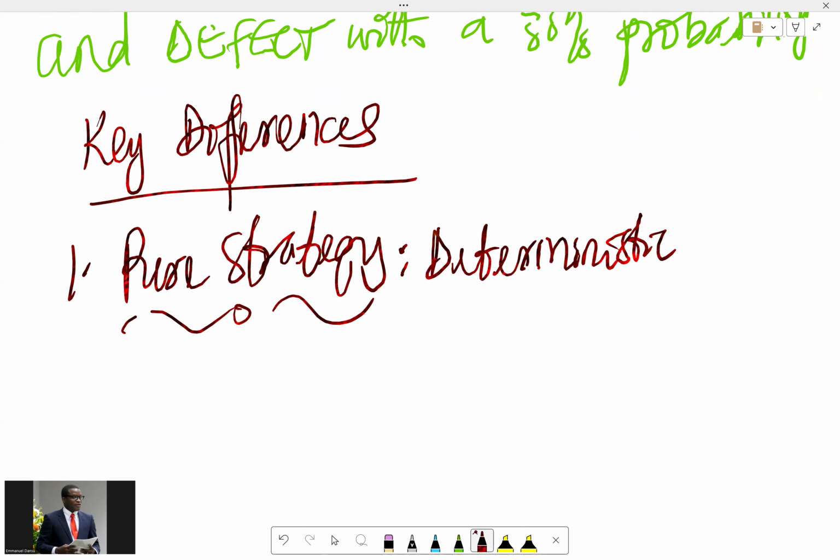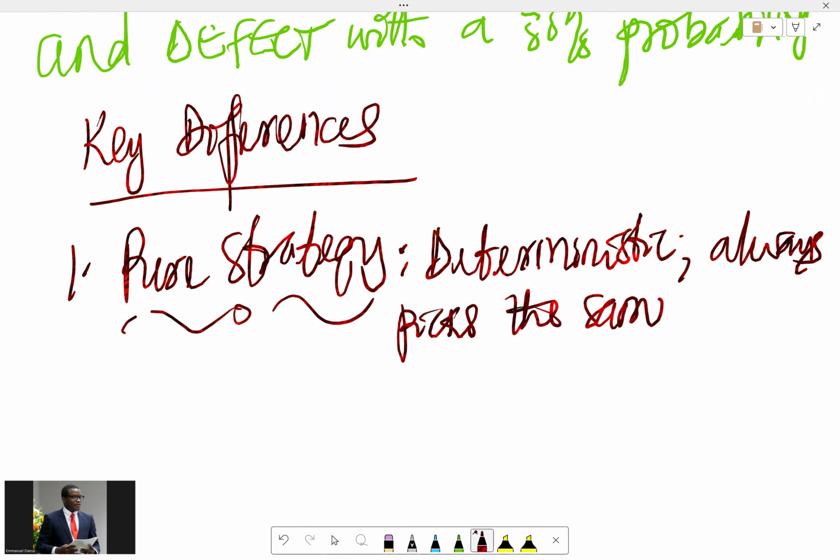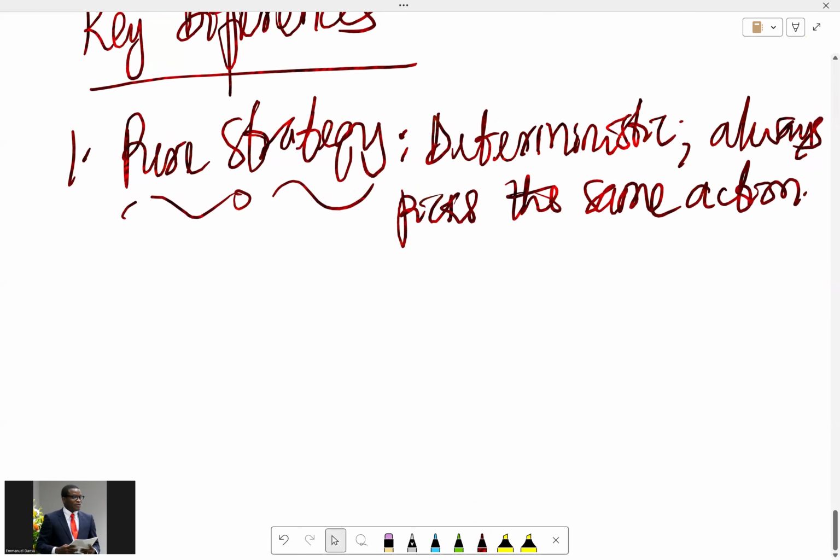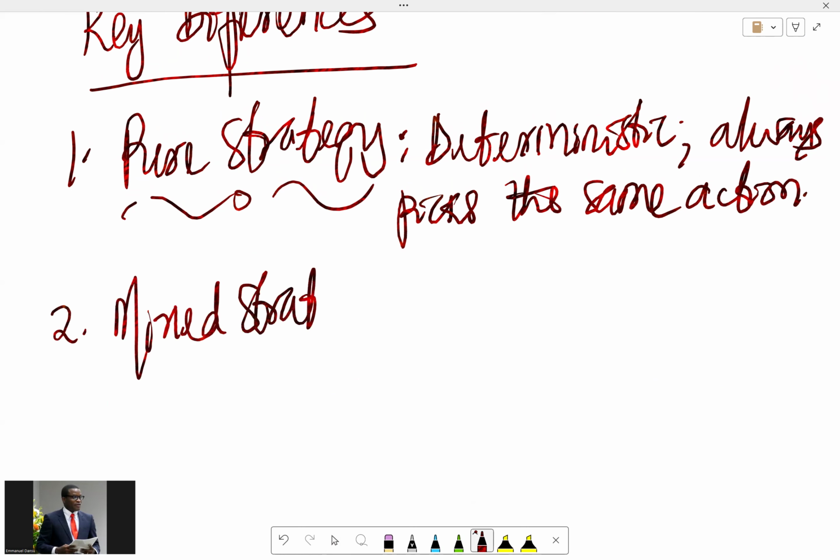It always picks the same action. So you can be sure what is going to happen for someone who chooses a pure strategy.